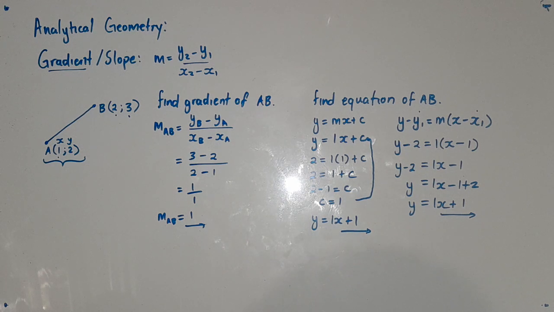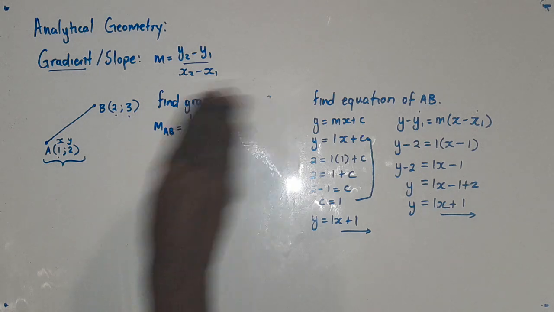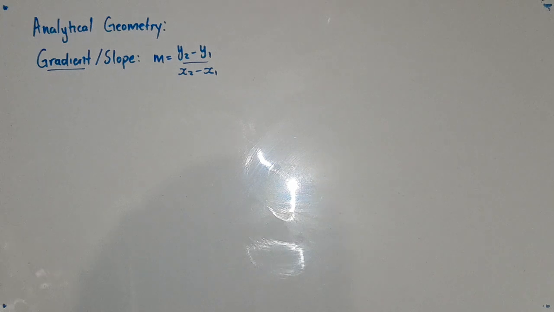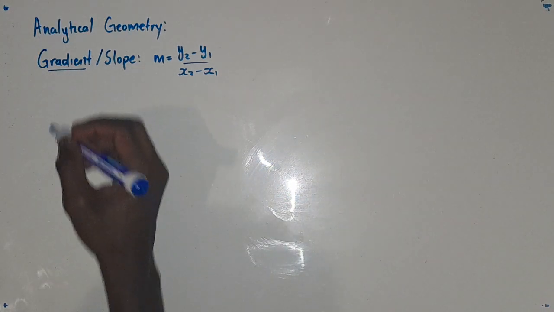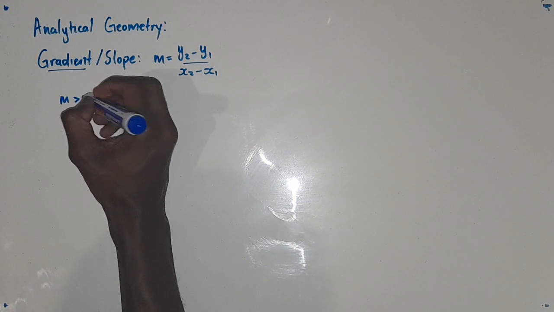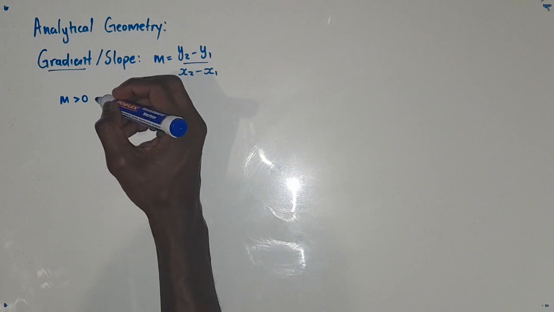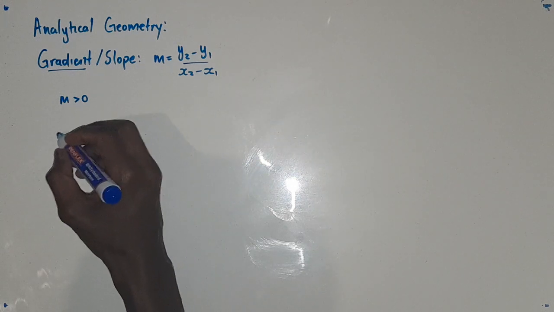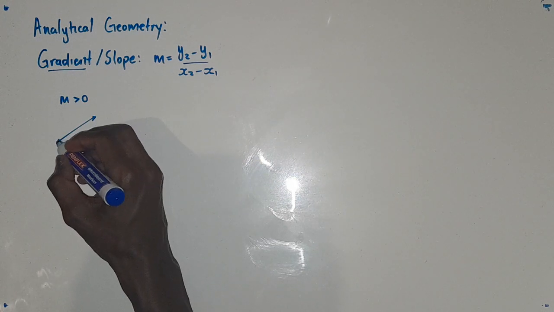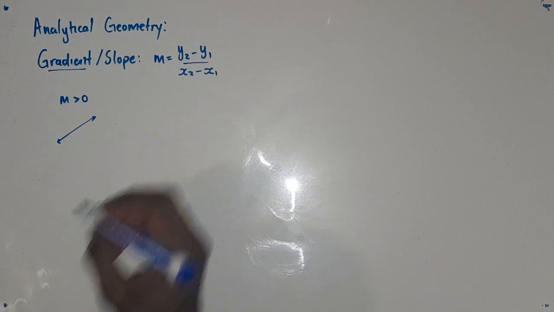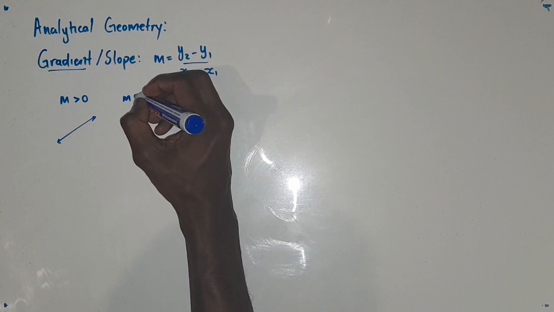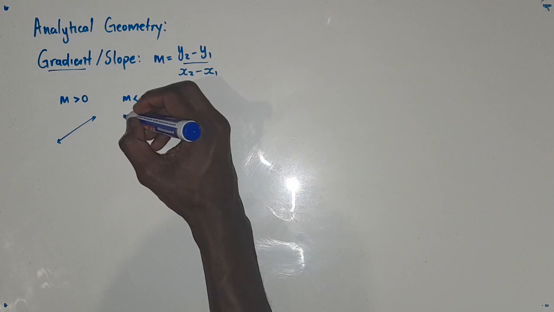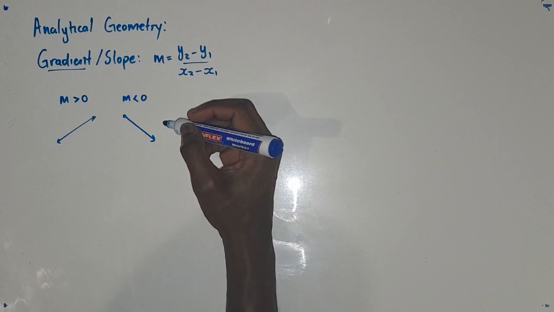Now, let me highlight this, especially under the concept of gradient, that if your gradient is greater than 0, let's say if it is positive, you see, then your line has to be like this. You see, then if now your gradient is negative, your line has to be like this.